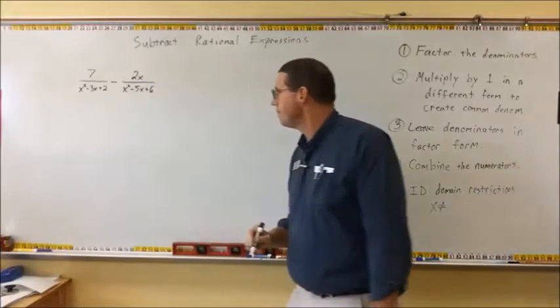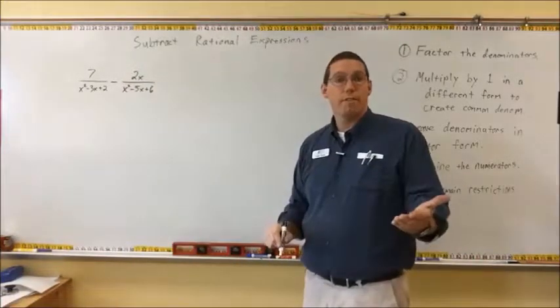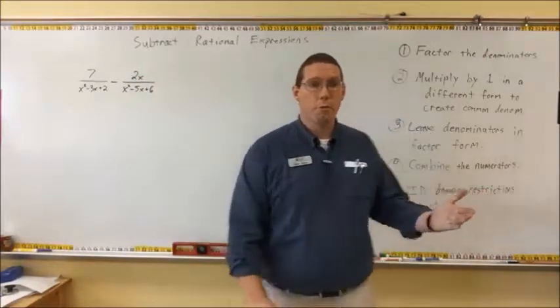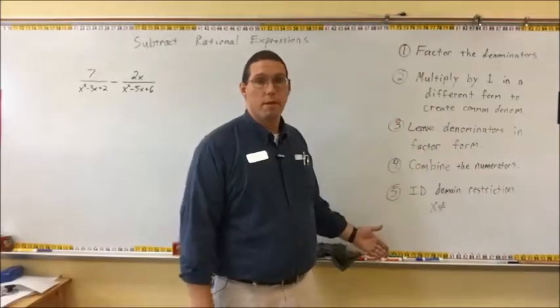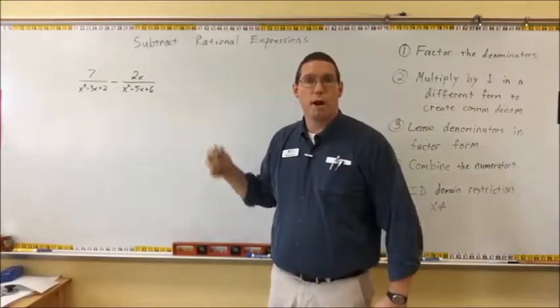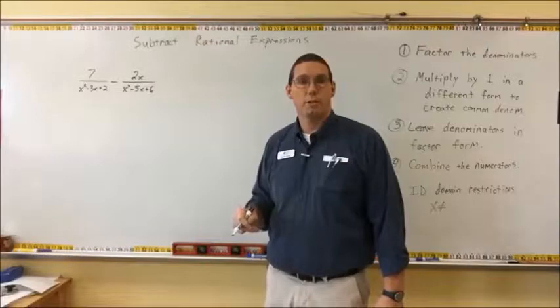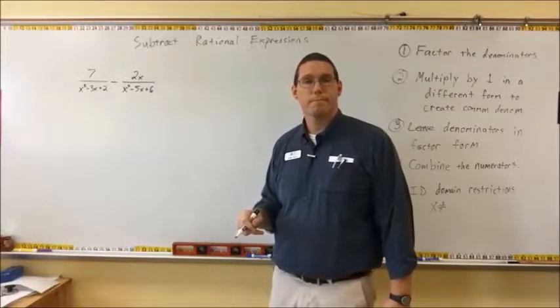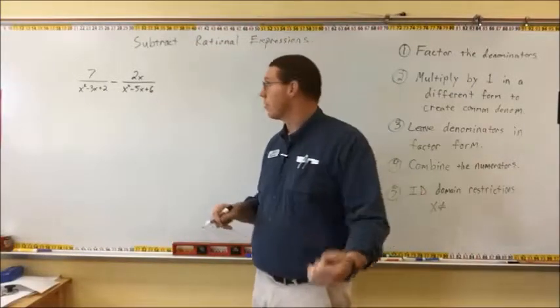Let's do that. So pause the video and go through these steps and see if you can subtract these two rational expressions. All right, so hopefully you had a chance to try this.